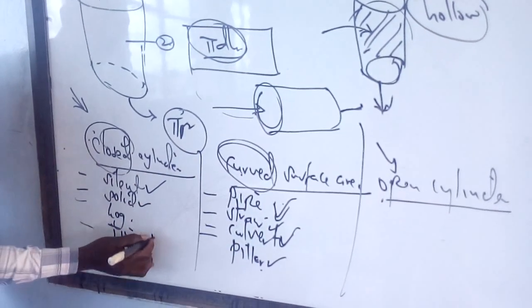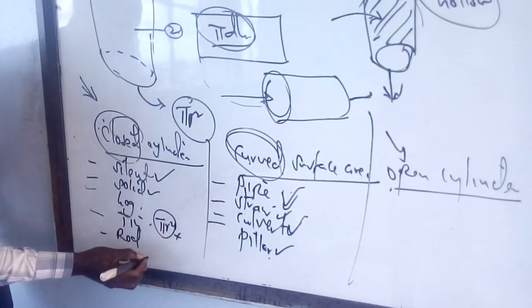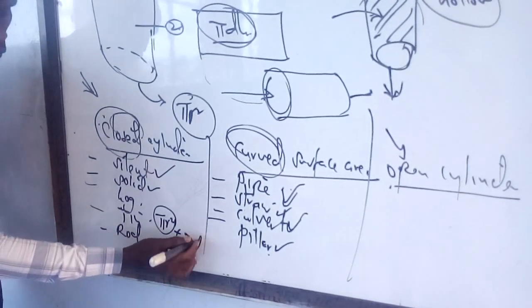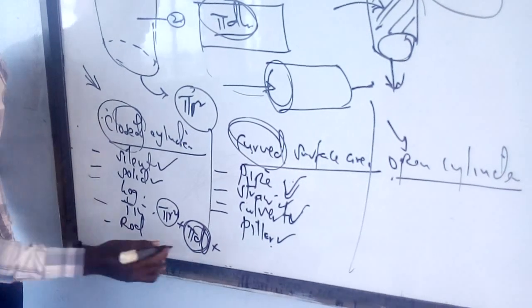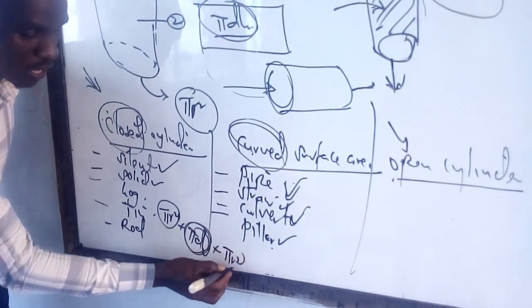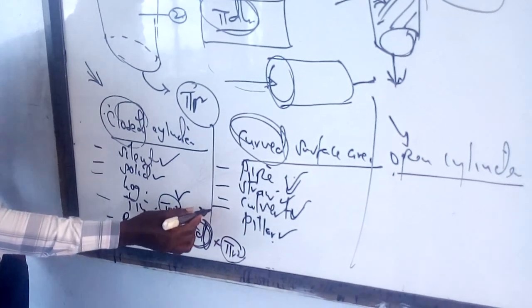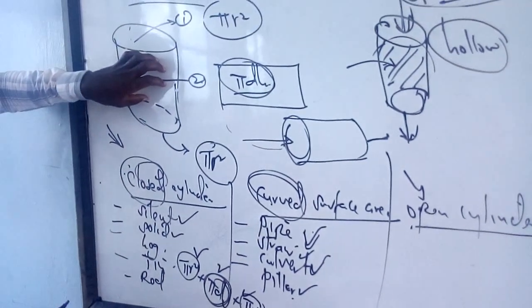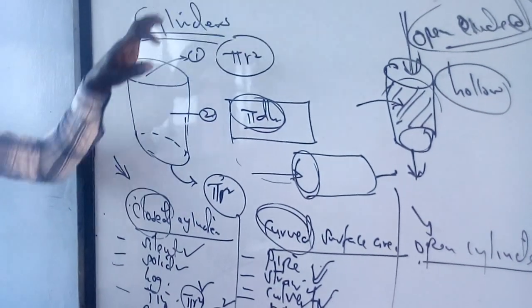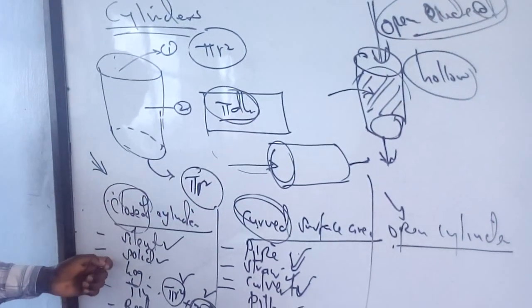So we have the area of a circle, plus the area of the curved surface, which is pi dh, plus the area of the other circle. So we have pi r squared for one circle, pi dh for the curved surface, and pi r squared for the other circle. That is what will appear as the closed cylinder. When we add the three, we get the surface area.